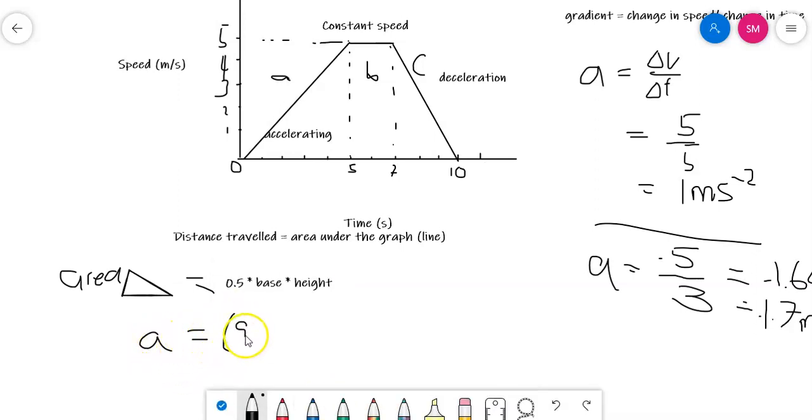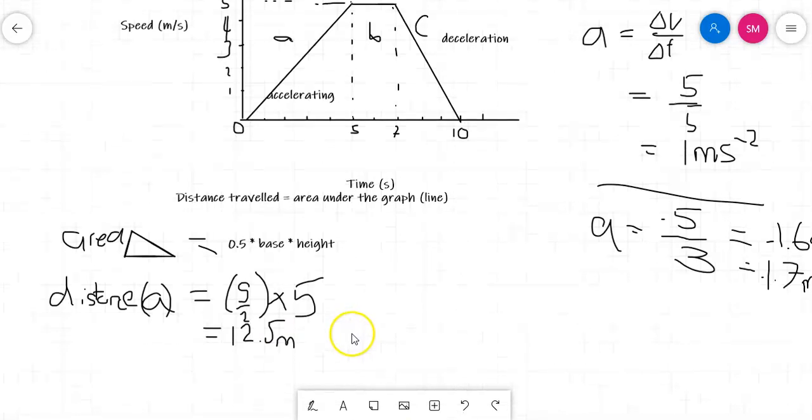So it's 0.5 times 5, 5 divided by 2, and then we're going to times that by the height, which in this case is 5 meters per second. So 2.5 times 5 equals 12.5. This is the distance of area A: 12.5 meters. We'll look at the distance of area B.